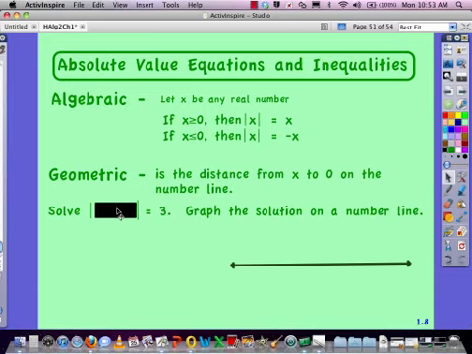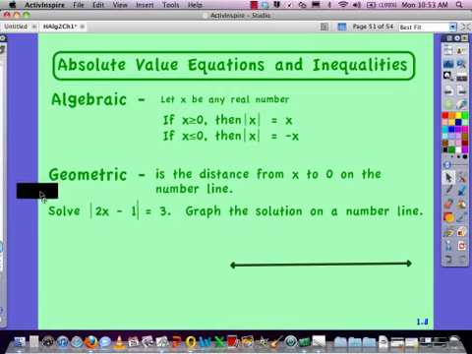So if you do that thinking and say, whatever's underneath here could be equal to a 3, or whatever's underneath here could be equal to a -3, it doesn't matter the size, the complexity of what's underneath there. Those are the two things you need to analyze.